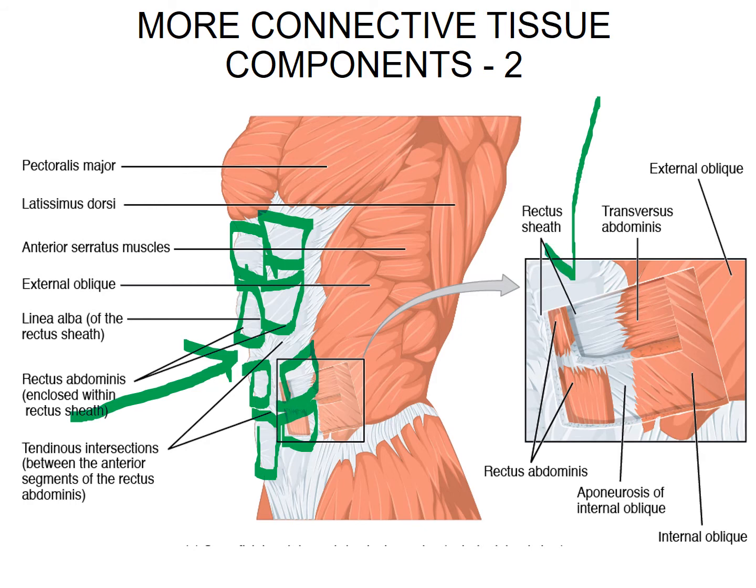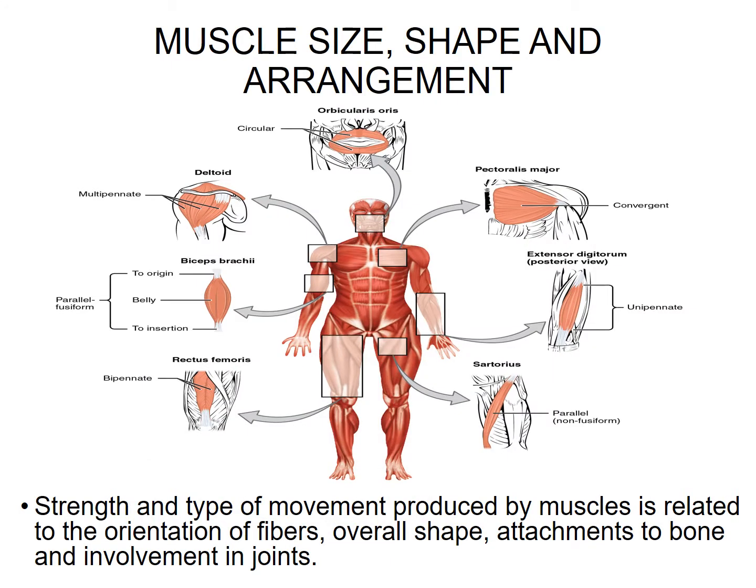This is the aponeurosis. This is a bunch of collagen fibers. It's dense tissue that just holds things together. So remember, the purpose of a collagen fiber is strength, and that's exactly what we're doing here. It's just holding all these muscle fibers and muscle sections together.